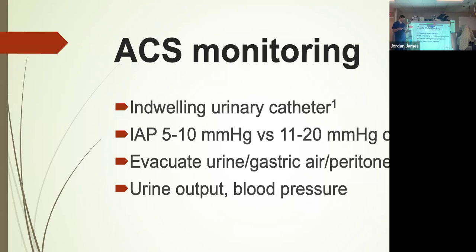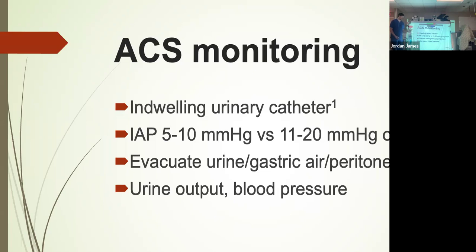So you hook it up to a manometer of some kind when you want to evacuate it. Normal intra-abdominal pressure is anywhere from 5 to 10 millimeters of mercury. If it starts getting up into the 11 to 20 or more range, then we start to worry about loss of renal function, loss of blood supply to those organs. So then we might need to go back in and do something else in terms of the procedure to alleviate some of that compartment syndrome.